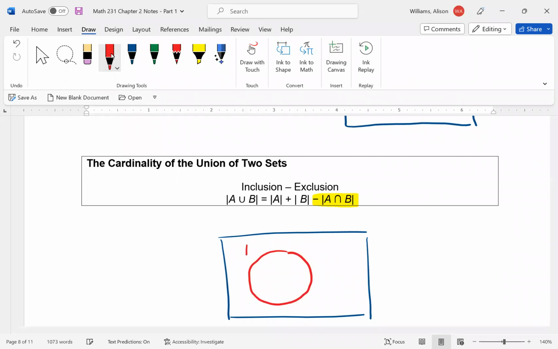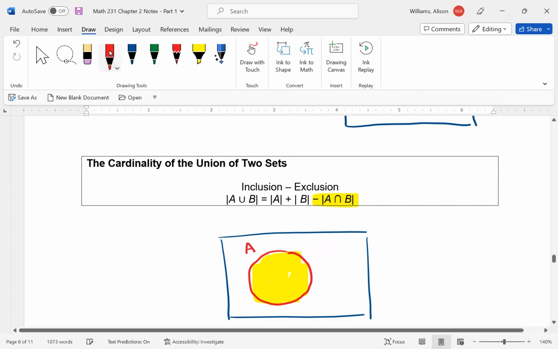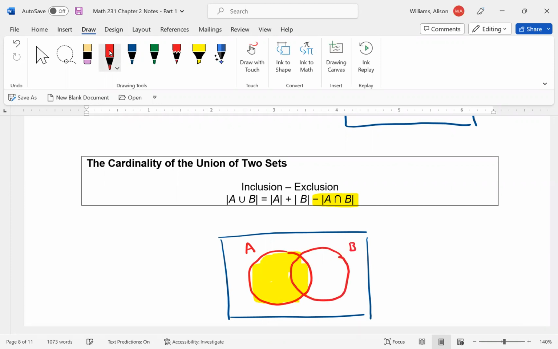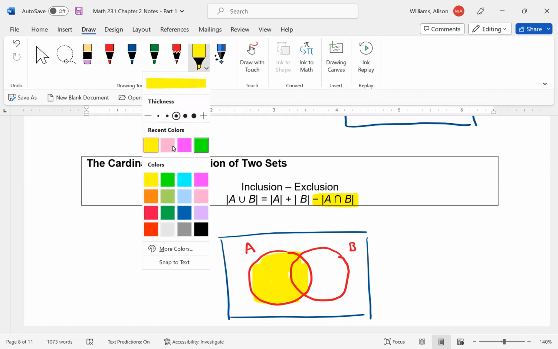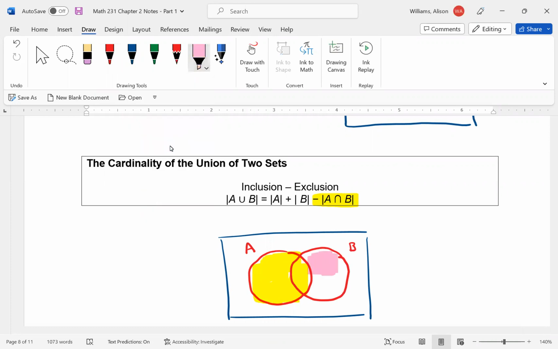Here's A. There it is. Everything in A here. I'll use the yellow highlighter. There's everything in A. But then if we have a set B, here's everything in B. Let me grab a different color highlighter. Let's do pink. So everything in B is this.